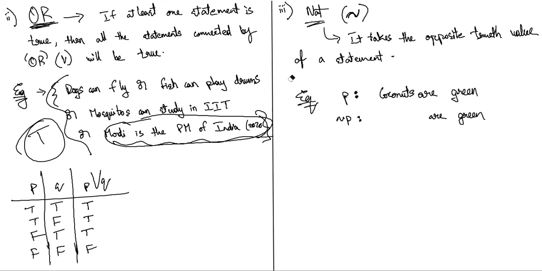Simple thing is whatever the statement P is telling that has to be contradicted. So P is telling coconuts are green. So उसका negation क्या होगा, coconuts are blue? ऐसे भी नहीं बोल सकते. The only thing you can tell is whatever the first statement is telling is not. So coconuts are not green.